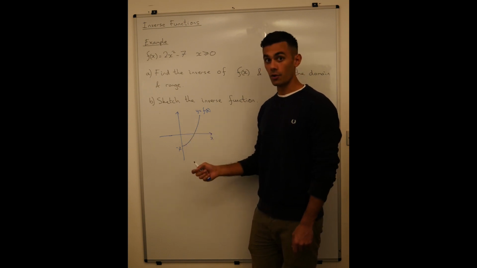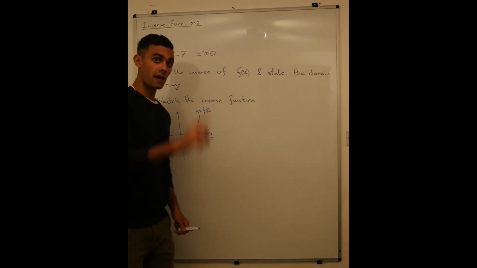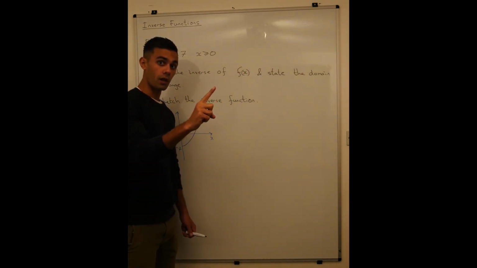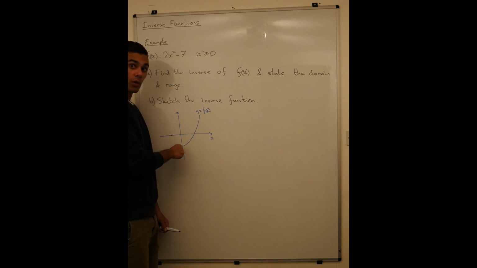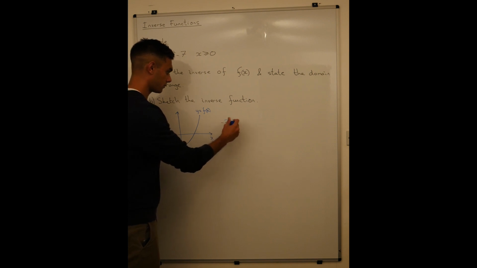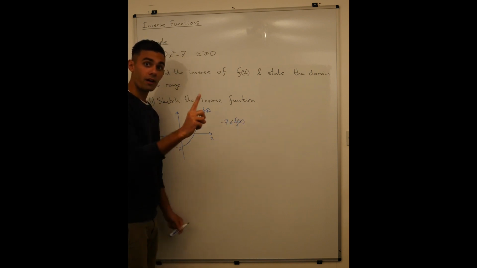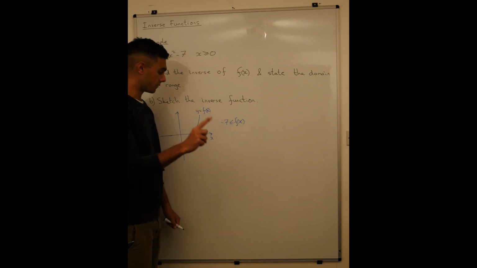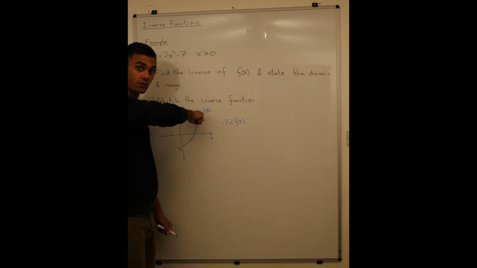Another thing you can do, if it's a continuous curve, to find the range is take your finger and put it on the lowest point on the curve, which is there. Read your y coordinate, so for us that's going to be -7. And then put your finger on the highest point on the curve, which is here for my sketch.